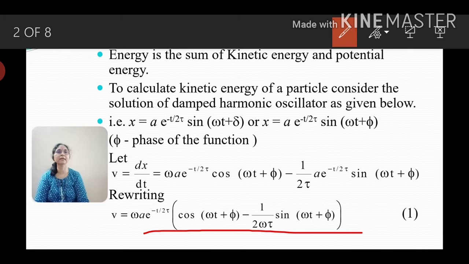So, we get cos(omega t plus phi) as the first term, and for the second term, because omega is taken common, omega will come in the denominator. Therefore, we get v is equal to omega a e raised to minus t upon twice tau times, cos(omega t plus phi) minus 1 upon twice omega tau sin(omega t plus phi).